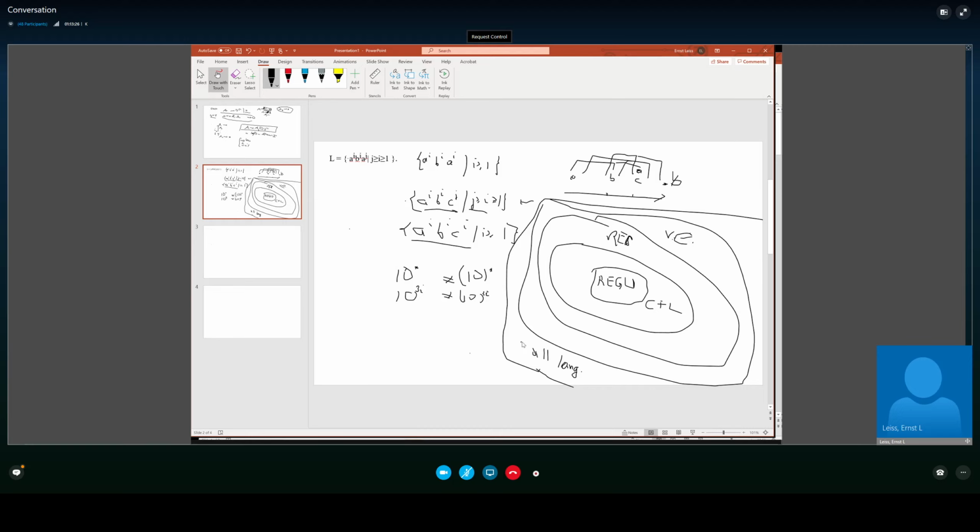Recursively enumerable languages are, of course, countable, because every Turing machine has a description. We talked about the encoding of a Turing machine.